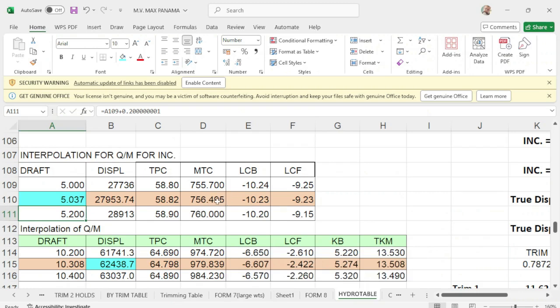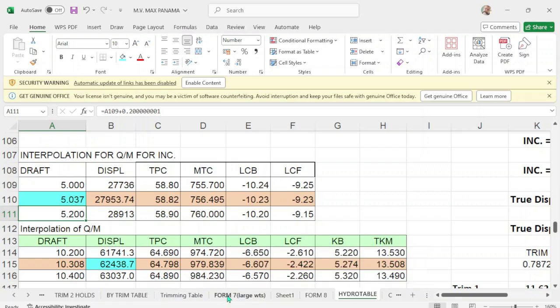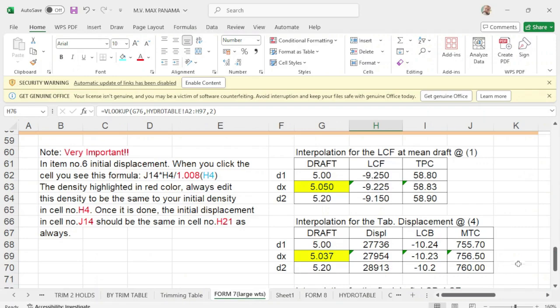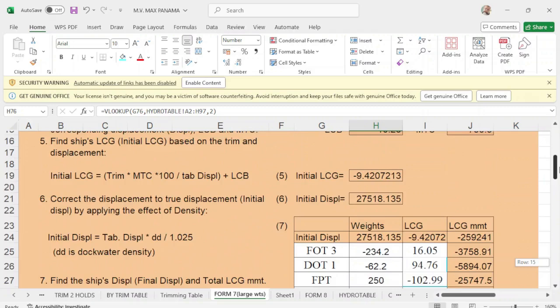Or run off. Ready? Okay, that will be your cell form. So these two, you go up. That's number 4.